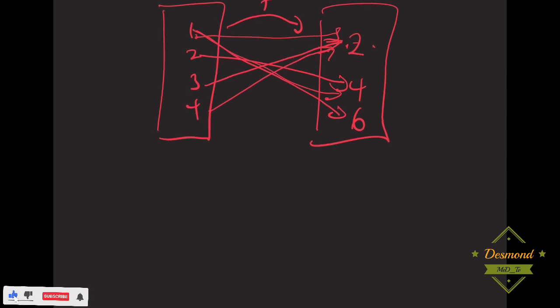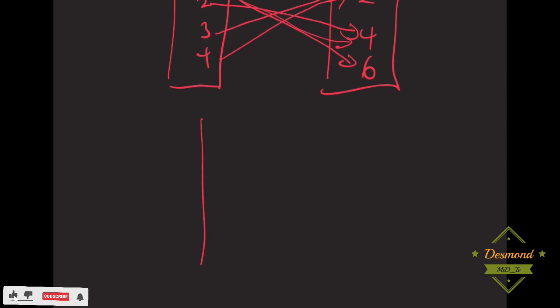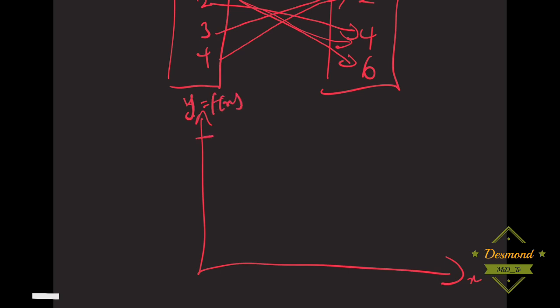So let's say I have a graph right here. We have the x and we have the y, and the y is sometimes f of x, in the function form. Let's say here is 2, then we have 0, 2, we have 4, there it goes.